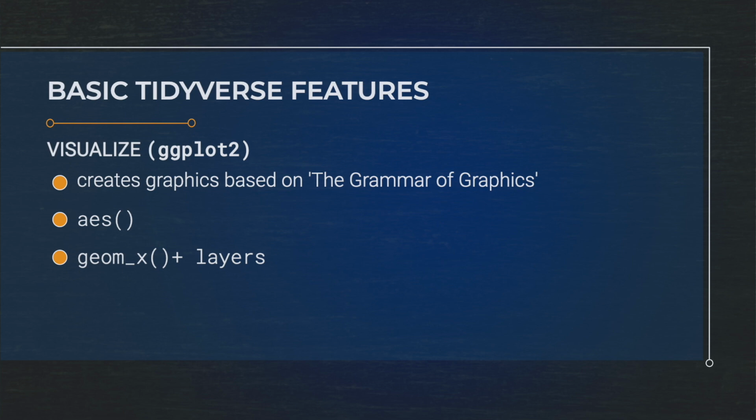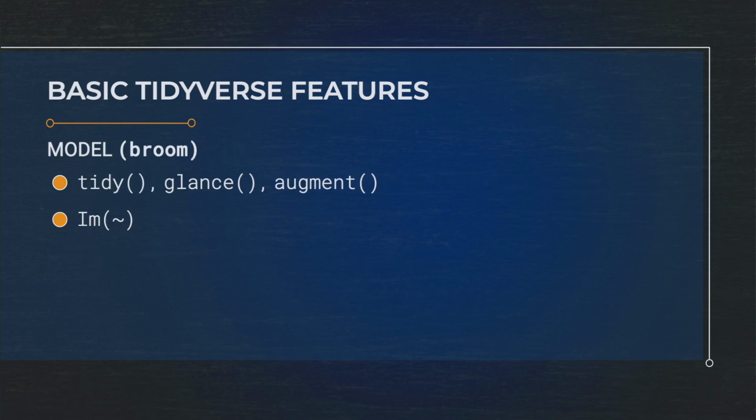So ggplot is going to be a very powerful data visualization tool. And finally, we won't have much time to get into this, but the modeling package called broom is under active development in order to model and perform statistical analyses to identify patterns in our data.